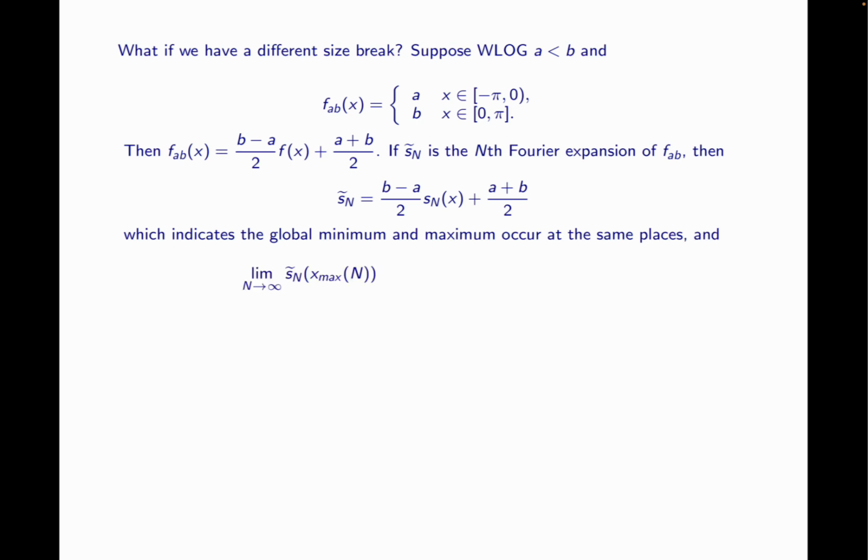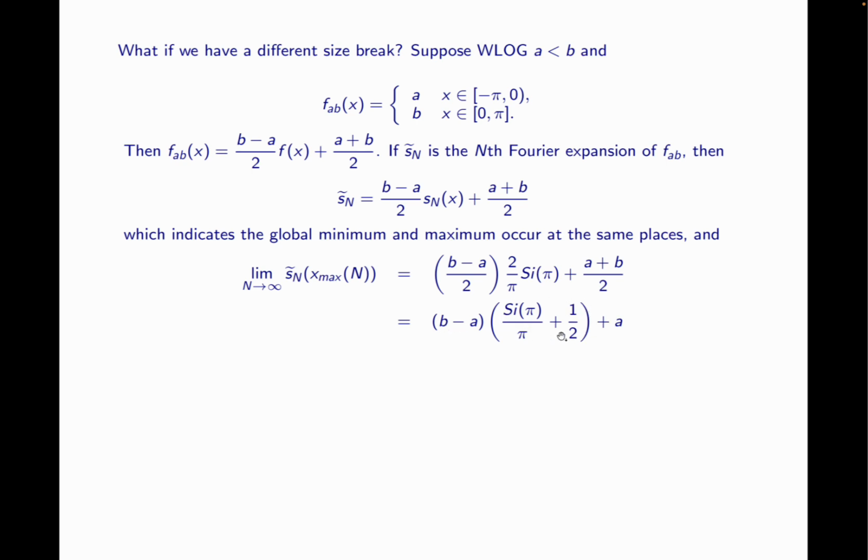So if I take the limit as n goes to infinity of s tilde n, what do I get? Well, I get exactly this times 2 over pi Si plus this average. So does that overshoot b? Right, b is the larger of the values. It does overshoot b. If this term here was 1, then I'd get exactly b.